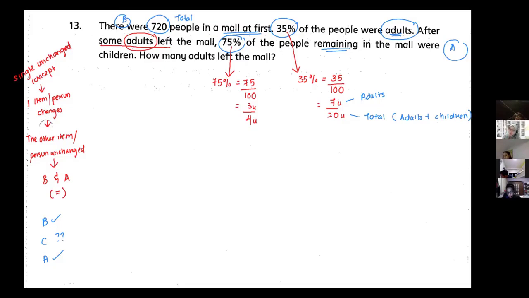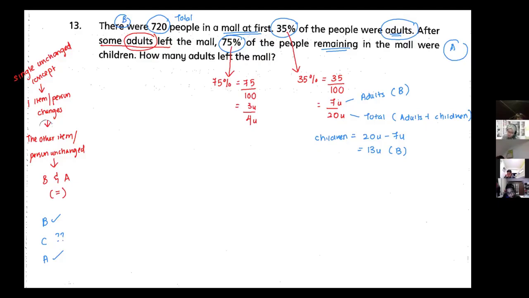So if the adults is 7 and my total adults and children is 20, my children units will be 20 units minus 7 units equals to 13 units. Now we settled that side already. And all this information for my adults is my before information. This is my before information also. We have the before information already.